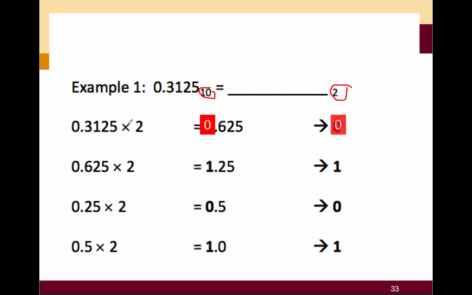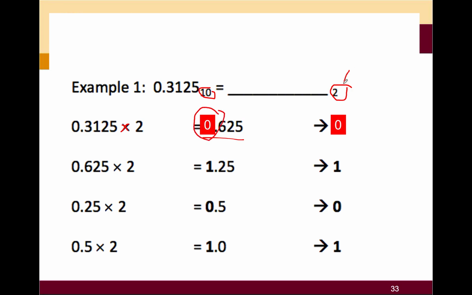So over here, let's say you multiply 0.3125 with 2, you will get the answer 0.625, and you will pick only the beginning number.